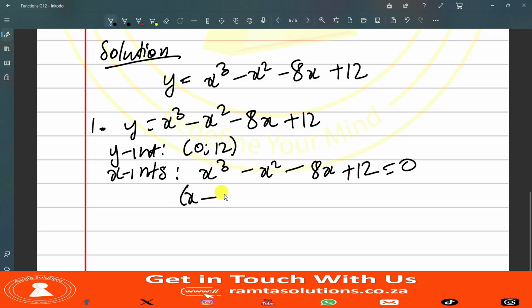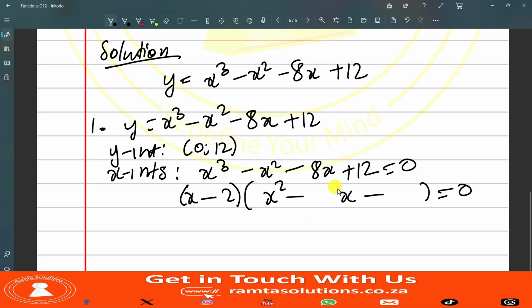Therefore, we'll say this is (x minus 2) times (x squared, leave a space, x, leave a space) equals 0. So x cubed divided by x is x squared. Okay, we are fine. I don't have to add anything here. Now this guy here must be negative x squared, so negative 2 times x squared will be negative 2x.